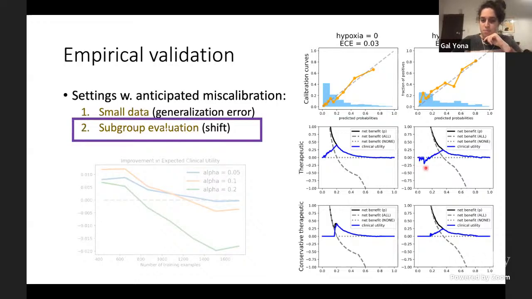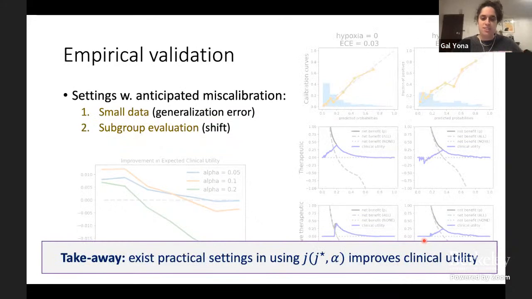This ends up being costly, actually creating clinical harm. In this area, we are worse than the baseline of treating no one, and the regret minimizing threshold anticipates this concern and is conservative and says, okay, I'm just not going to treat anyone there. Okay, so this is just to give you a sense of the results.